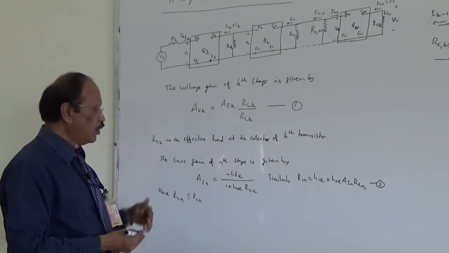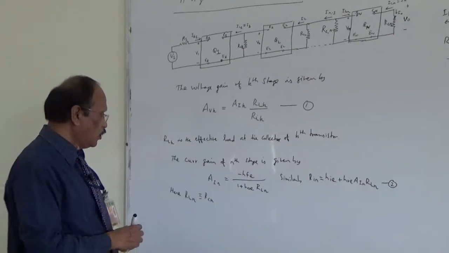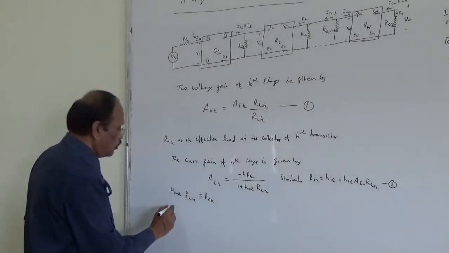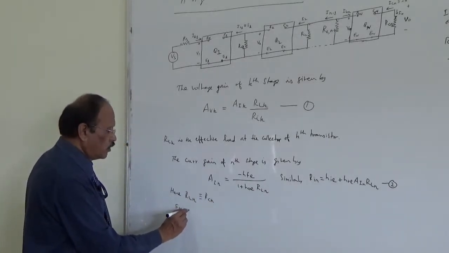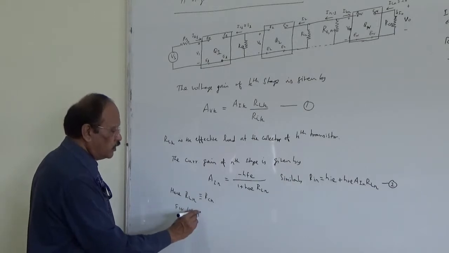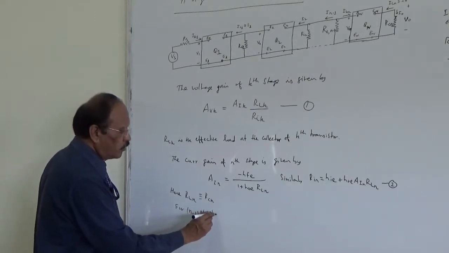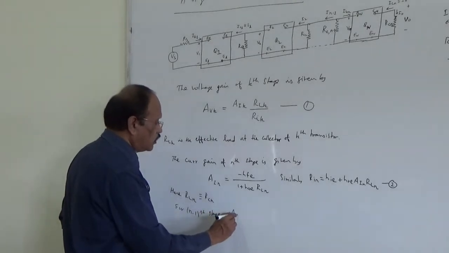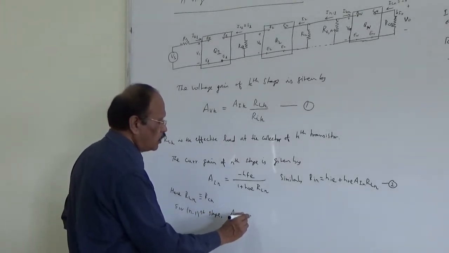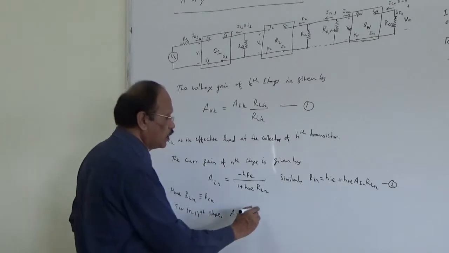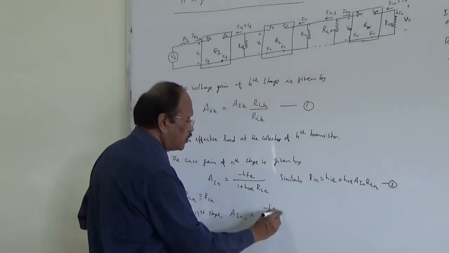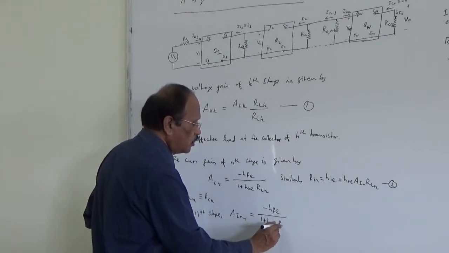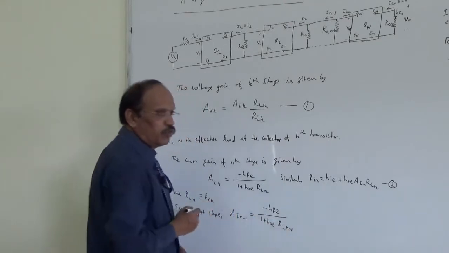But if you go to the previous stage, for example the n minus first stage, the current gain is given as AI n minus 1 is equal to minus HFE by 1 plus HOE into RL n minus 1.